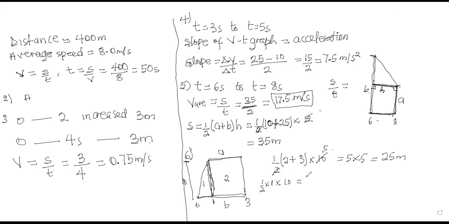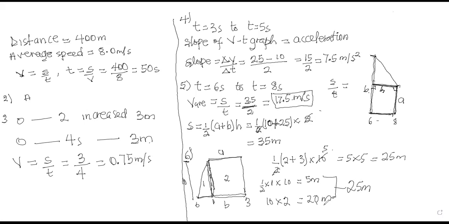This totals 5. Then the area of the rectangle, length times breadth: 10 times breadth, which is 2. So 20. When you add the 5, it is still equal to 25 meters. So I was surprised to see a lot of you getting this wrong.